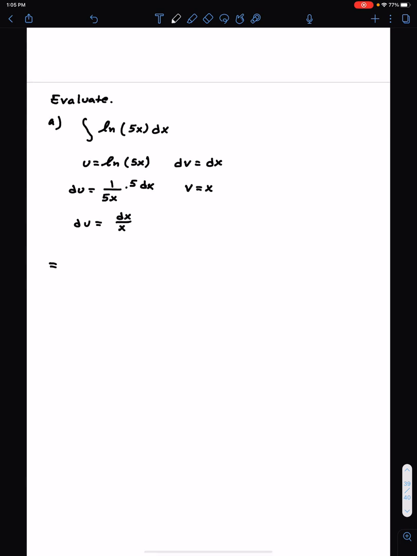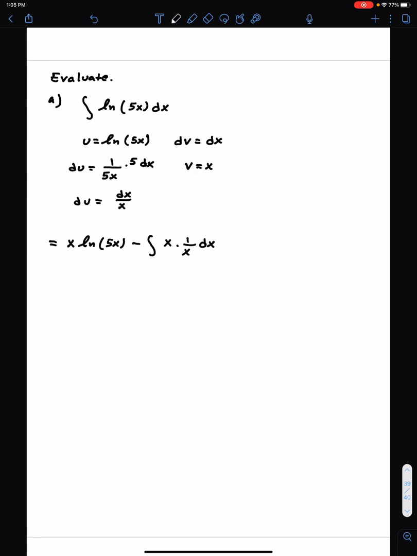So the integral of natural log of 5x dx is equal to u times v, so x natural log of 5x, minus the integral of v du. So x times dx over x, or 1 over x dx.